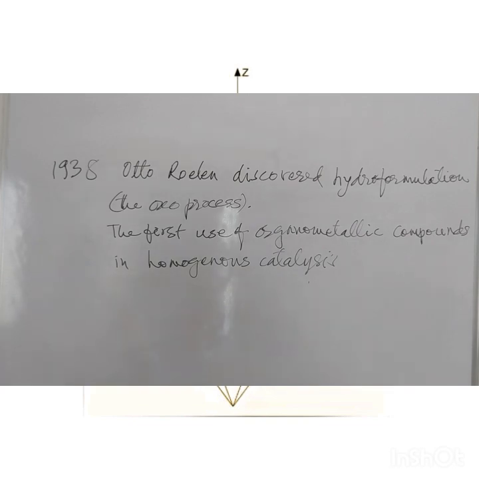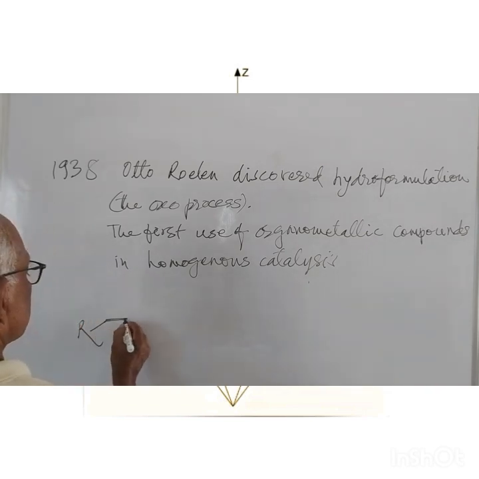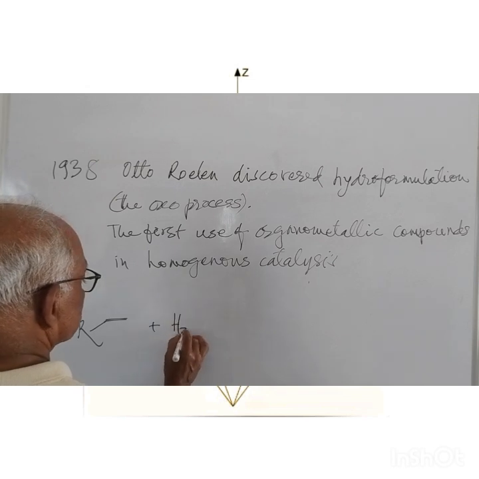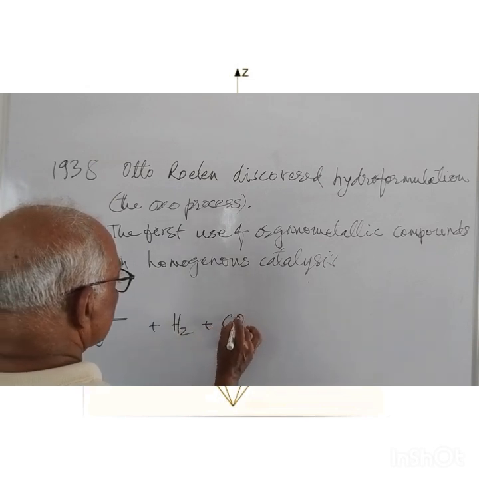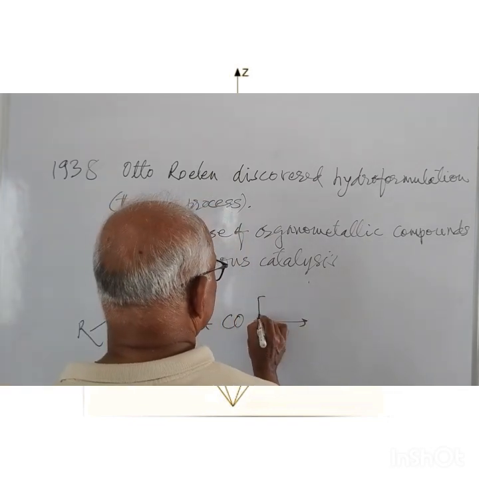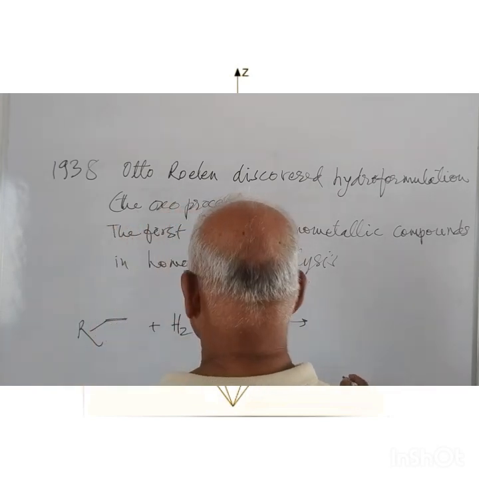So the example is CH2=CH2 plus H2 plus CO in presence of cobalt catalyst.